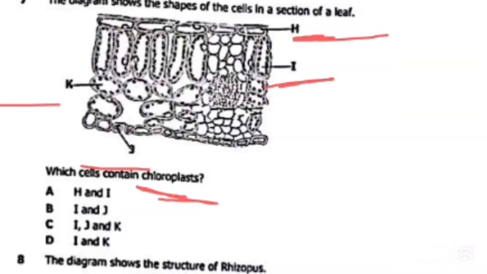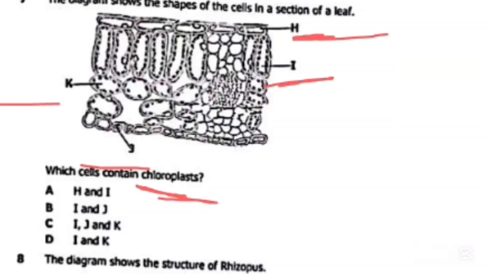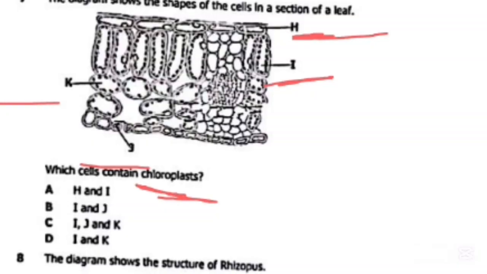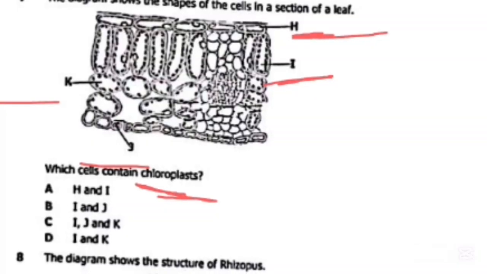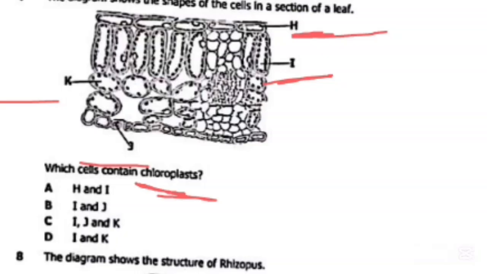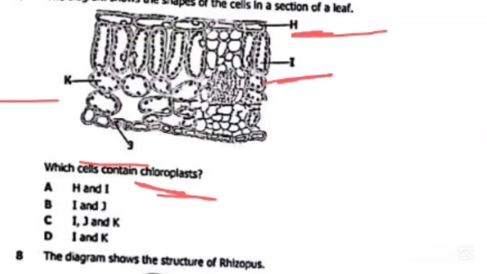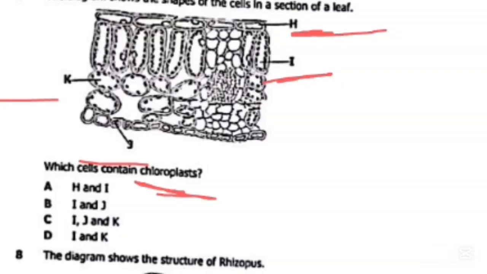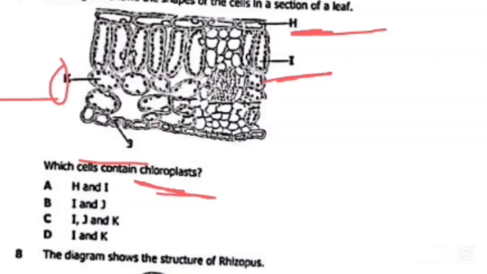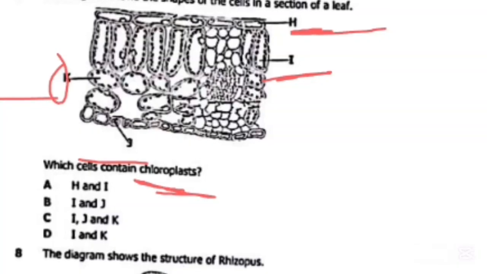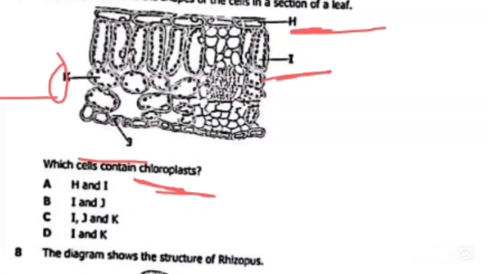So the stomata allows the entry of carbon dioxide and the exit of oxygen during photosynthesis. Then we said K facilitates the what? The diffusion of substances such as carbon dioxide and oxygen.